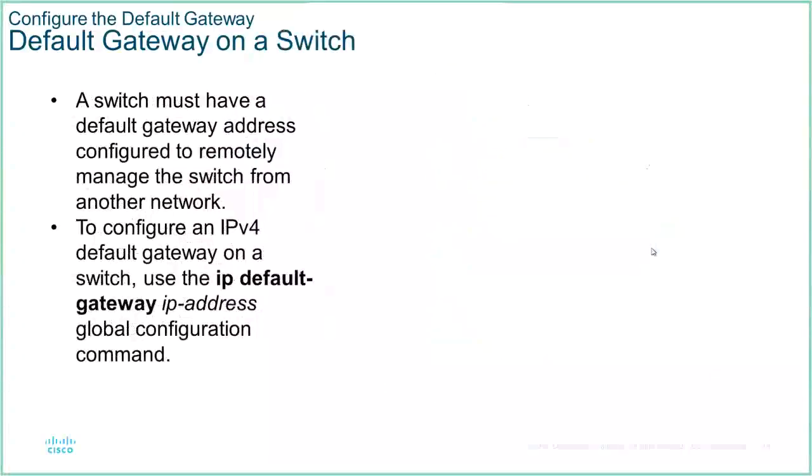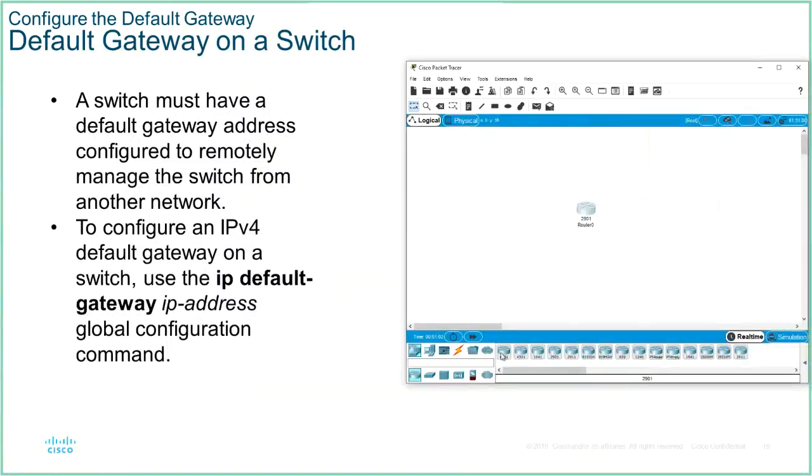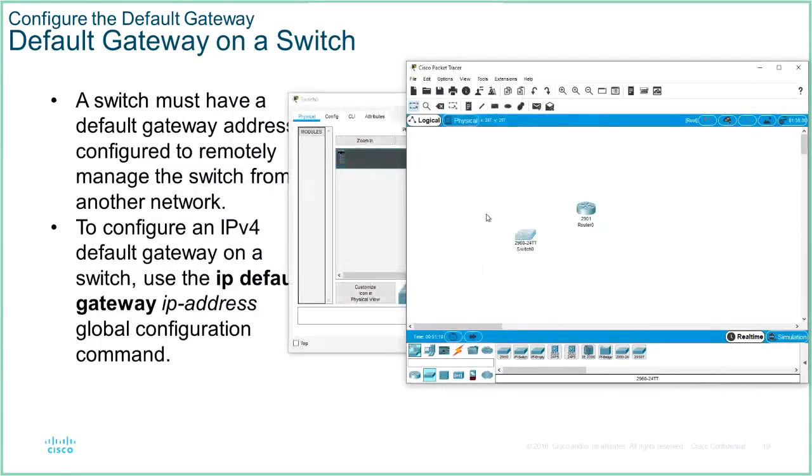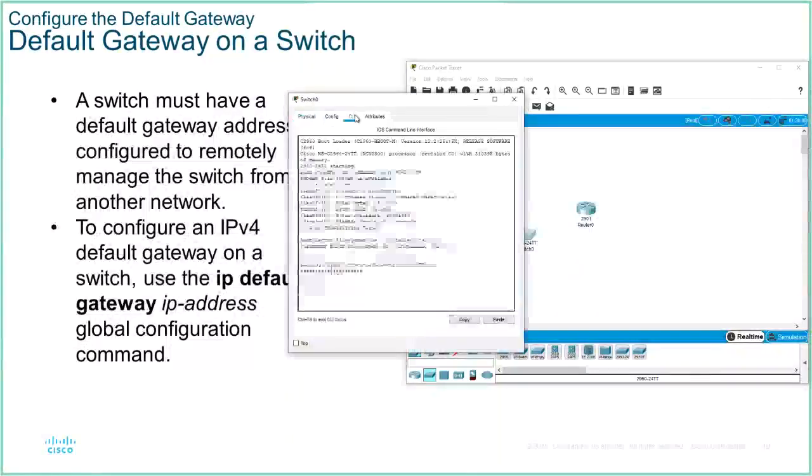Now, on a switch, we also need to configure an IP address. So if we change over to switches, drag a switch in, open up a switch, online.